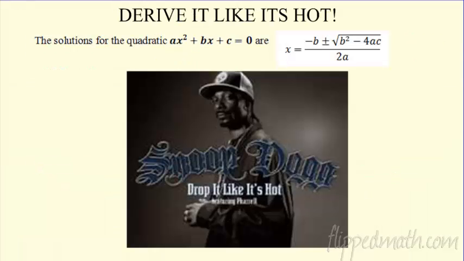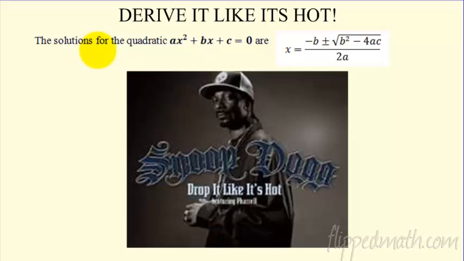So before we get started, let's talk about this quadratic formula. So you've seen it. There it is. Boom. There's the quadratic formula. Where did this come from? Did they just make it up? No, it's really just completing the square. If you leave this generic quadratic, ax squared plus bx plus c, you can derive the quadratic formula. And that's what I'm going to do for you right now. A lot of times in geometry, I like to say prove it like it's hot. But really, in Algebra 2, this is not a proof.